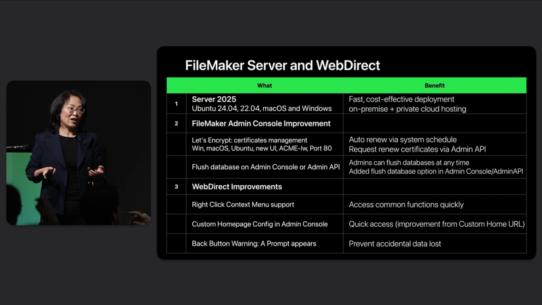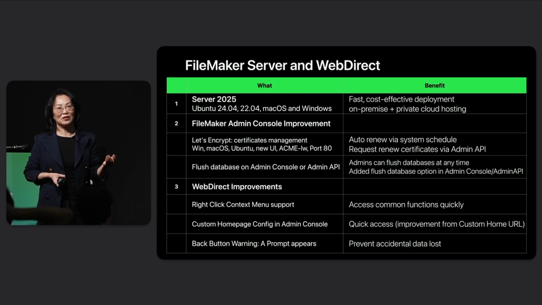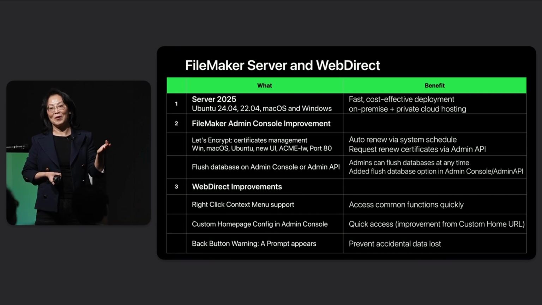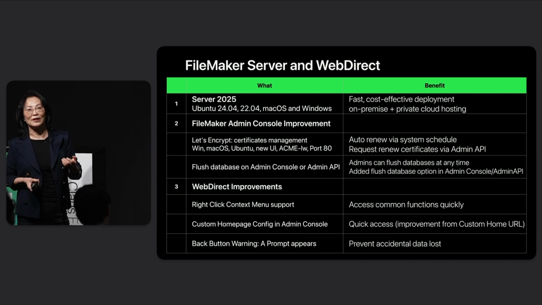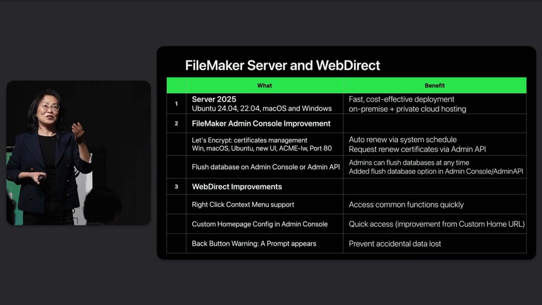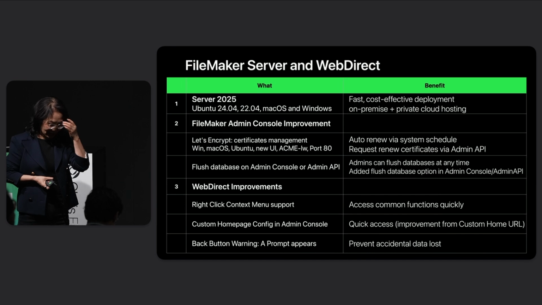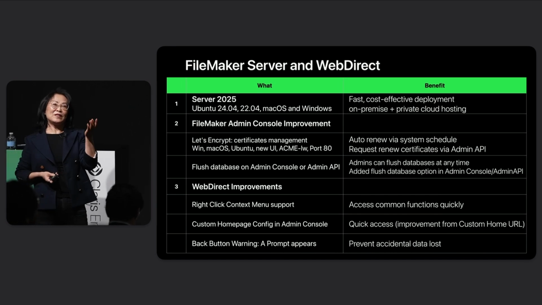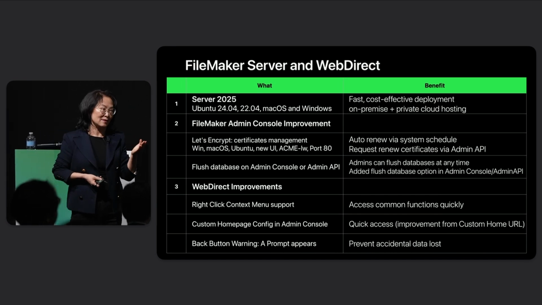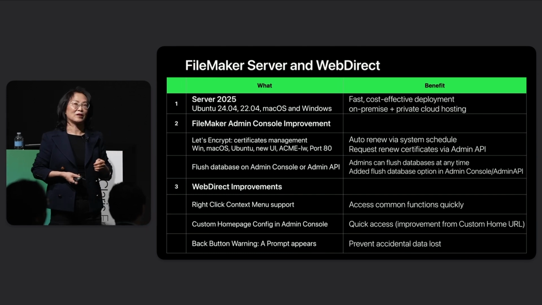Now, FileMaker Server. Server 2025 runs on Ubuntu 24 and 22, along with macOS and Windows. For about five years now, we've been delivering Ubuntu consistently for the server product.